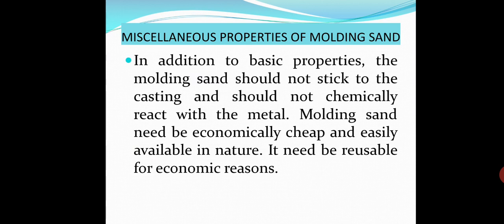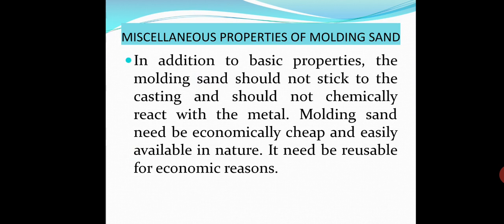Molding sand needs to be economically cheap and easily available in nature, and it needs to be reusable for economic reasons. So these are the properties of molding sand and various types of molding sand.